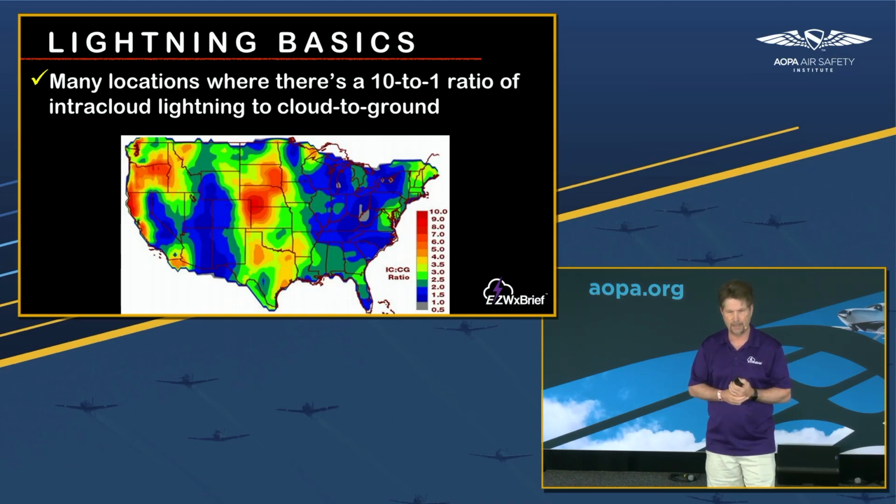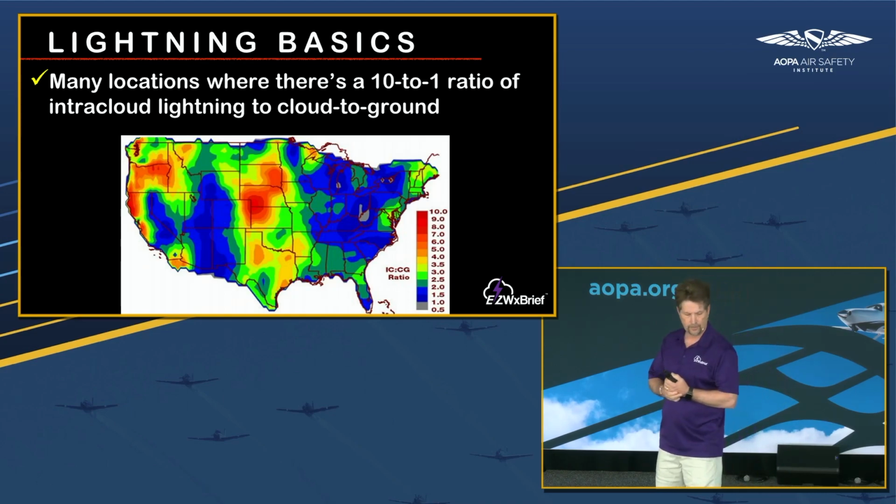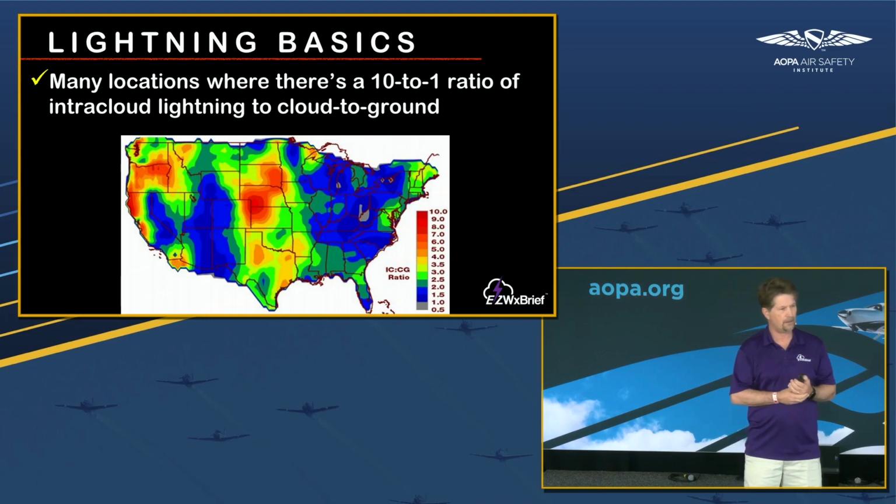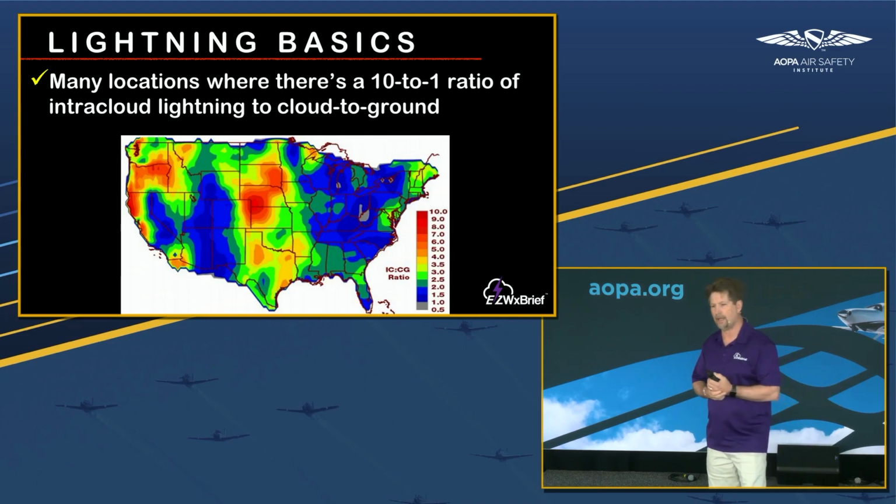But if you're out in the plains area, northern, southern, and central plains, or in the far west, it's a 10-to-1 ratio, 10 intracloud strikes to 1 cloud to ground strike.